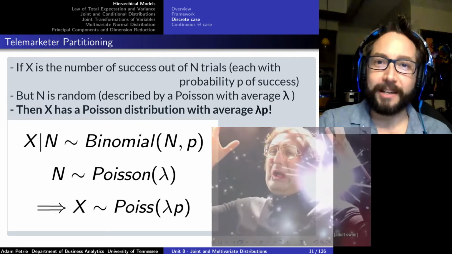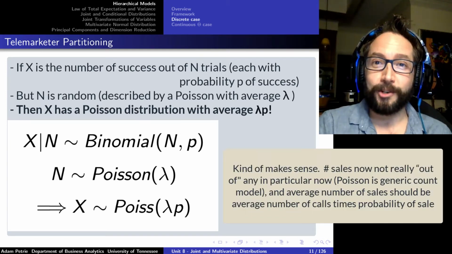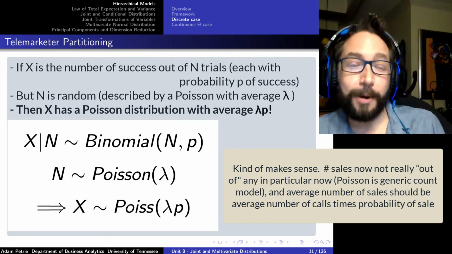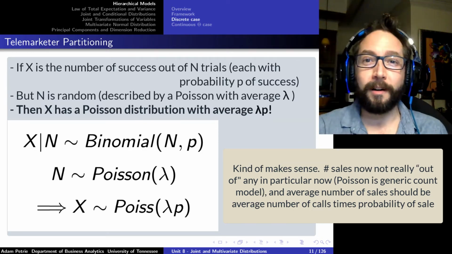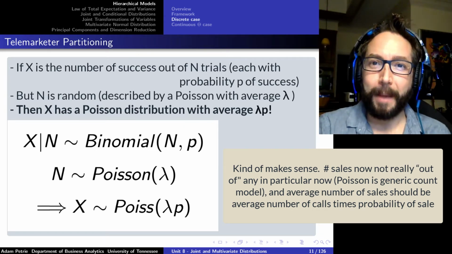And that kind of makes sense. We know the parameter of a Poisson distribution is the average of that distribution. Lambda is the average number of calls made. P is the probability of success of each individual call. Lambda times p is the average number of successes. So that has a nice logical matchup that looks pretty good.